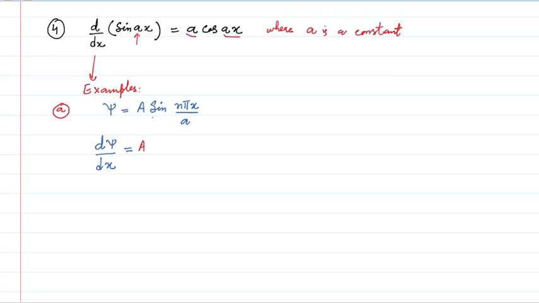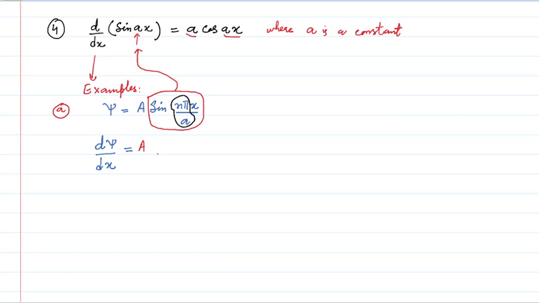Now if you focus on this part here, and compare this part to sine ax, you will find this n, pi and a are some constant.